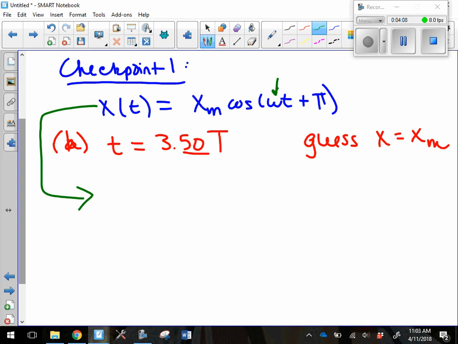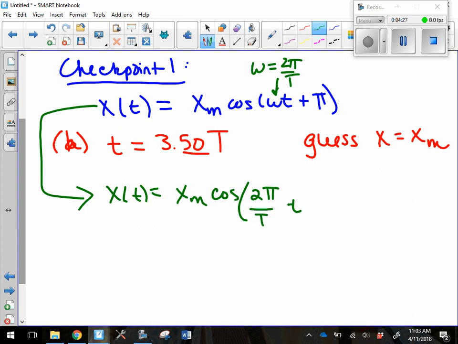Again, it's in your notes from yesterday. Omega is equal to what? Yes, so I can rewrite this as x of t is equal to xm cosine 2 pi over capital T times whatever my little t is, plus pi.